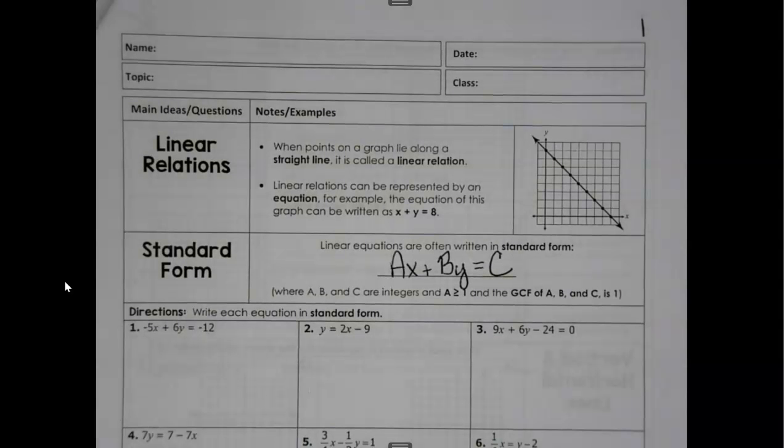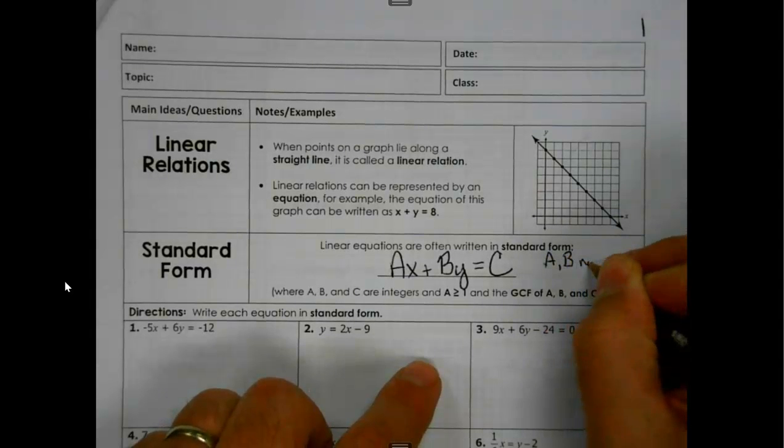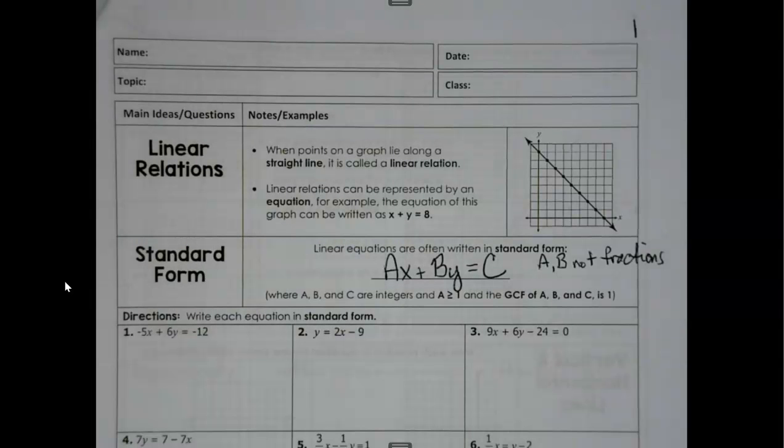So, when we're doing standard form, A and B are not going to be fractions. If they are, we're going to fix it, because that's part of standard form, which is going to make a couple of the things that we do a little later in the week easier.